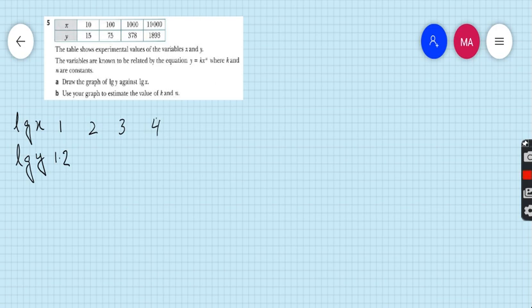Log 75 is 1.87, which becomes 1.9. Log 378 is 2.57, which means 2.6. Log 1893 is 3.27, which means 3.3.